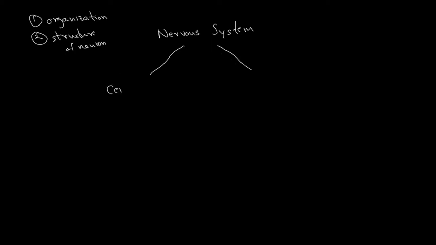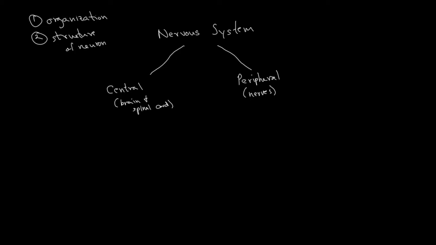Now, I'm sure you've heard the nervous system referred to in a couple different ways, and it's organized by referring to it as the central nervous system or the peripheral nervous system. And the central basically just includes the brain and spinal cord. And the peripheral talks about all the other nerves.